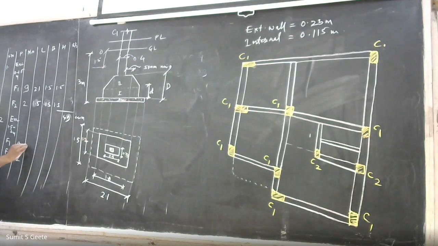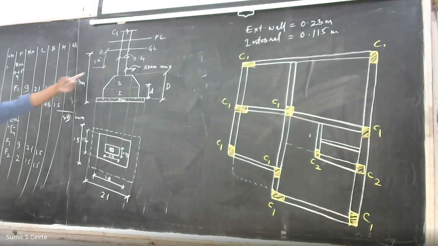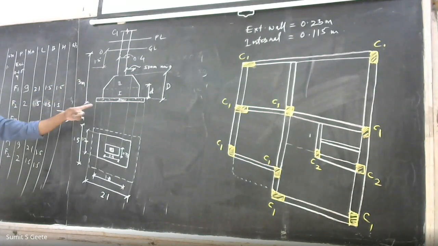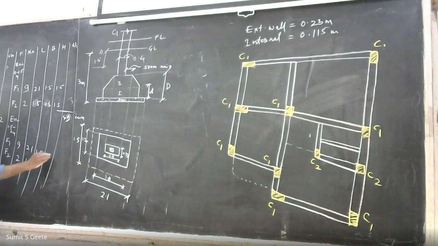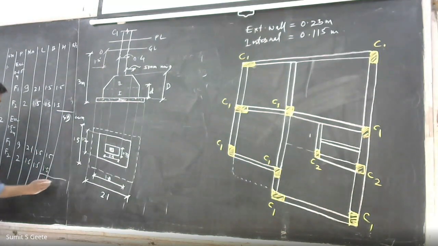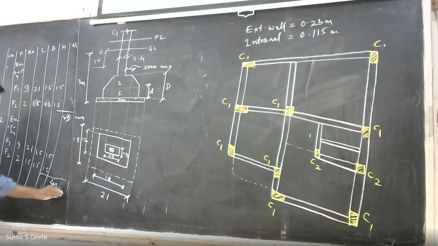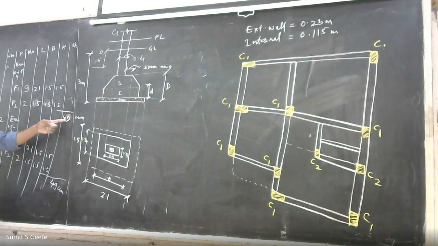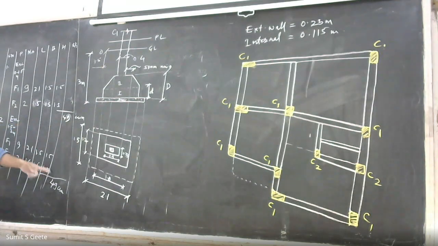Plan dimension remains the same. Now depth of excavation is from 1.5 meter, we are reaching up to 3 meter. Means what is the interval? 1.5 meter. So therefore this is 1.5, 1.5. So quantity is the same, 49 cubic meter. But remember, the amount required to execute this quantity is lesser than the amount required to execute the earlier quantity. So therefore we are calculating separately.